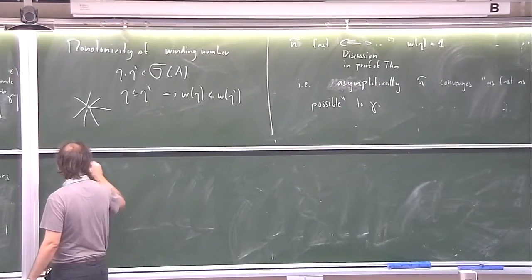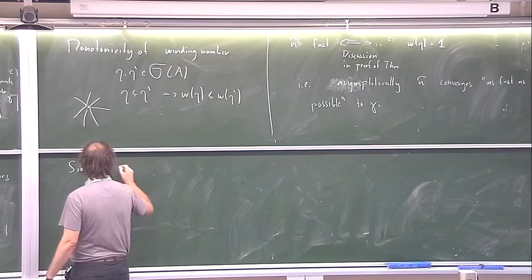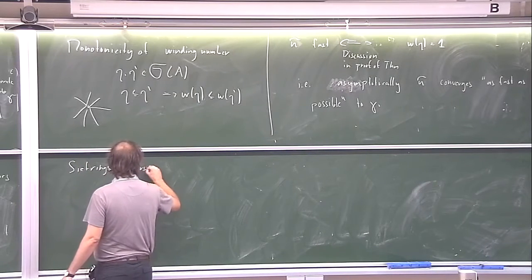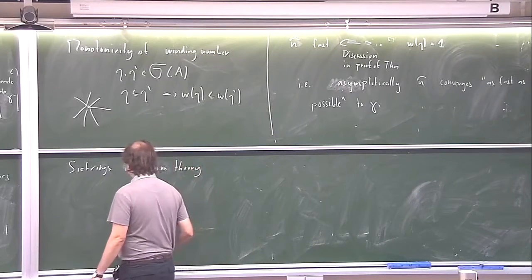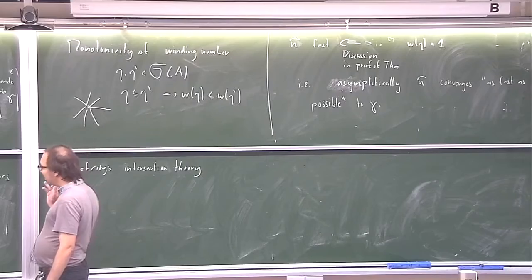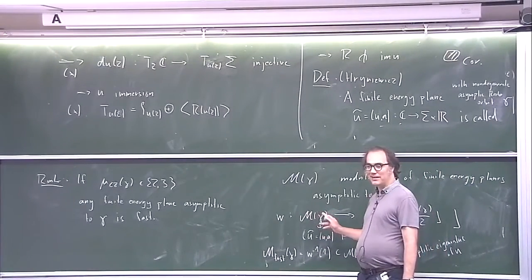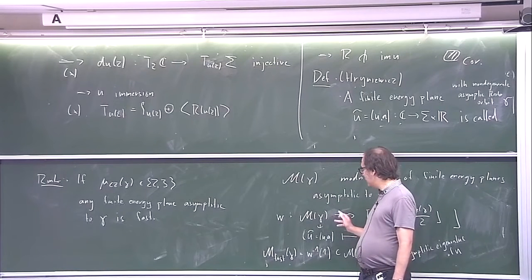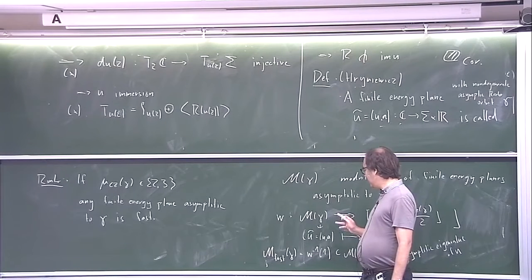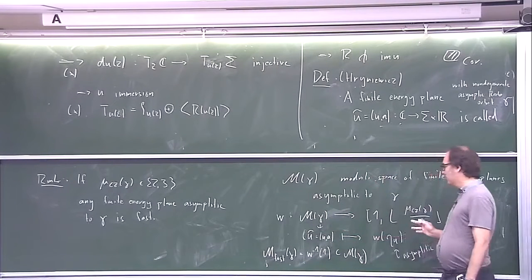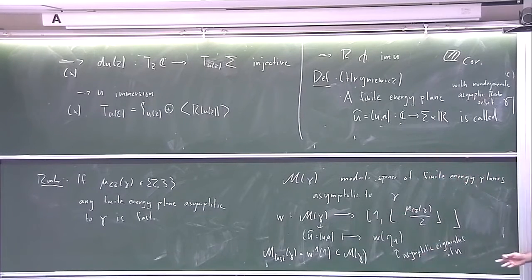Actually, we'll do this in the afternoon, well, maybe just me. So, Siefring's intersection theory. He actually has an intersection theory for all of them, not just the fast ones. But what I will explain is just for the fast ones, since I think the most powerful applications are for the fast ones.